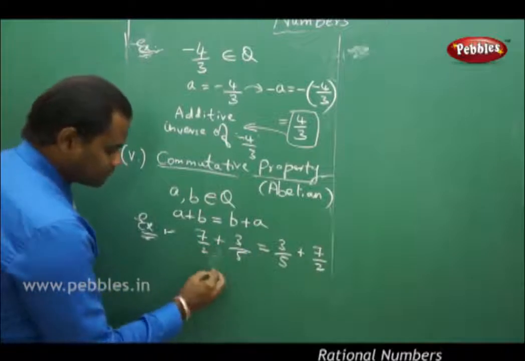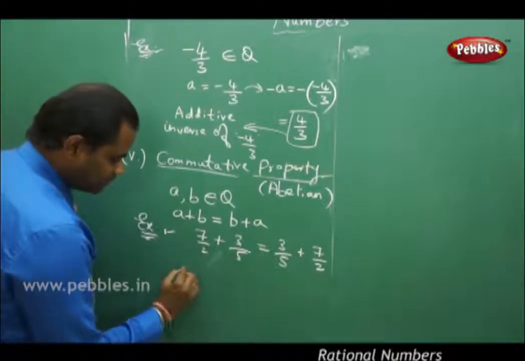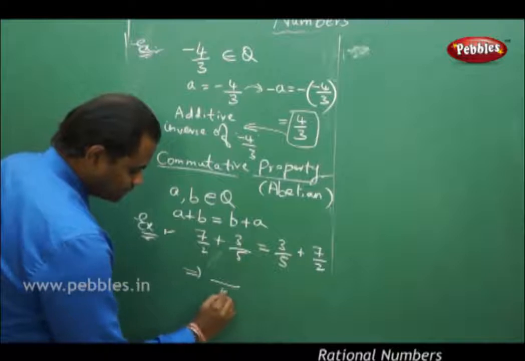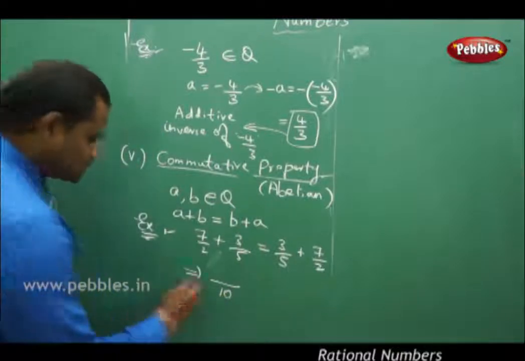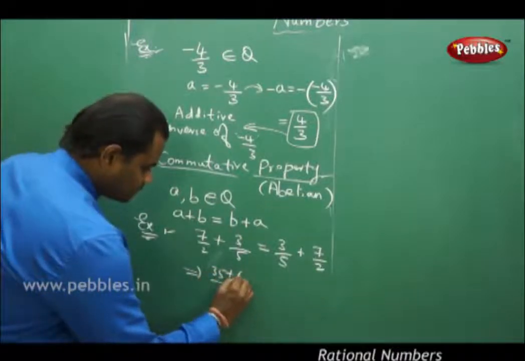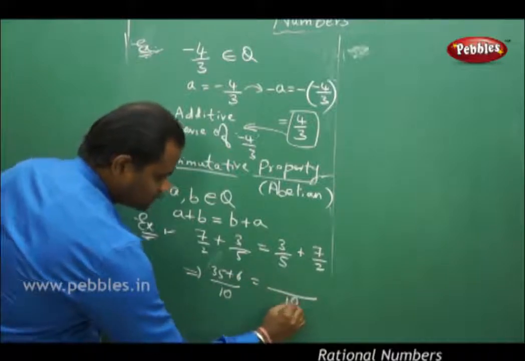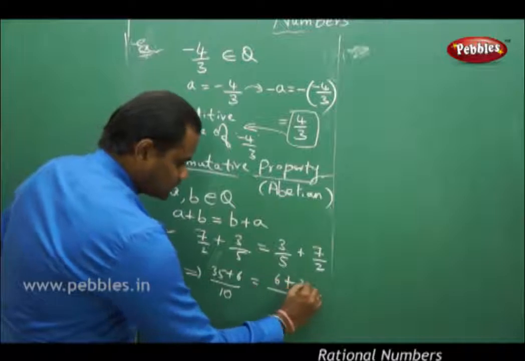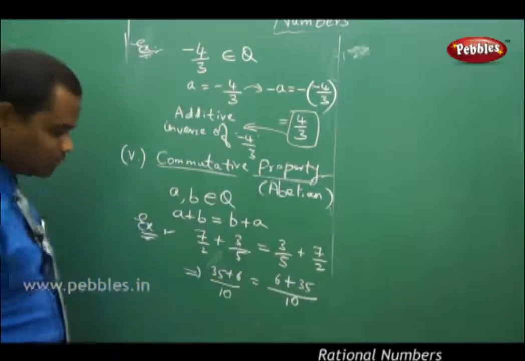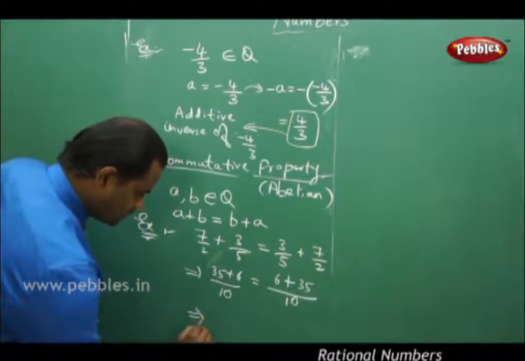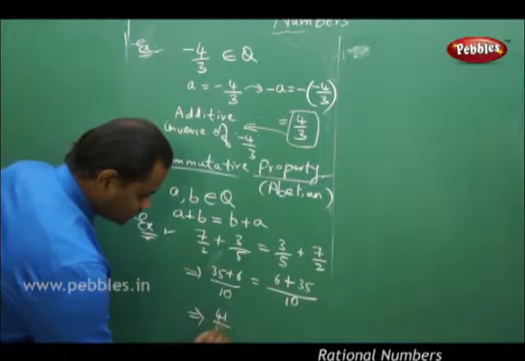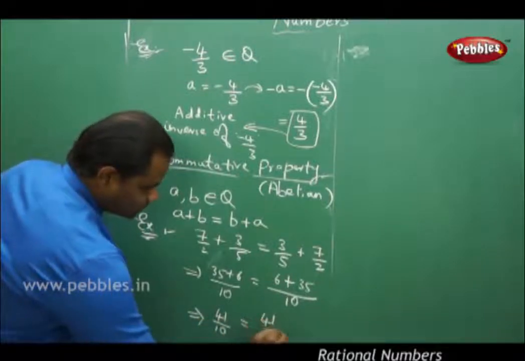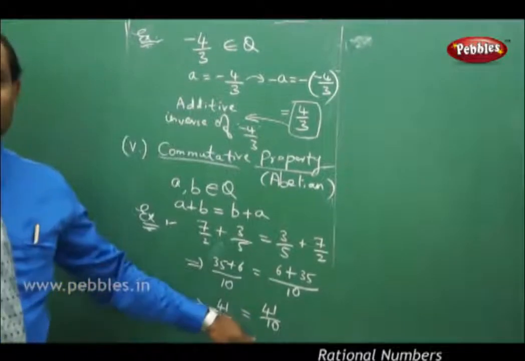When I take 7 by 2 plus 3 by 5, that would give me 35 plus 6 over 10 times 2, and 6 plus 35 would obviously be the same. When I simplify this, it gives me 41 over 10, and this gives me 41 over 10.